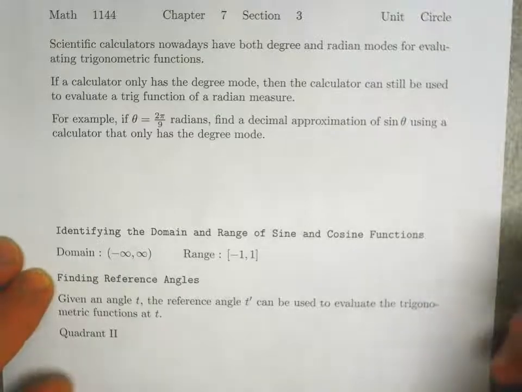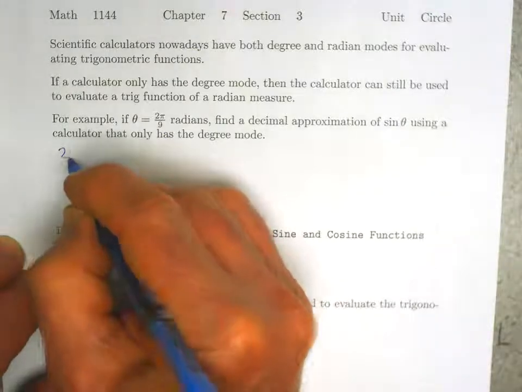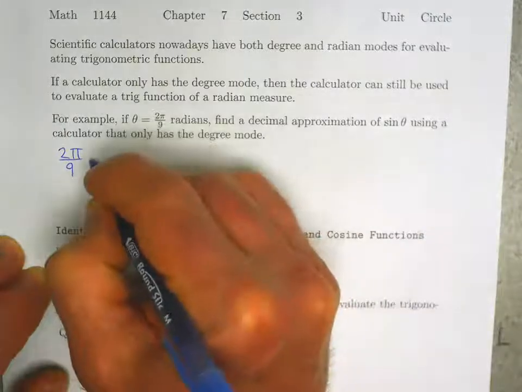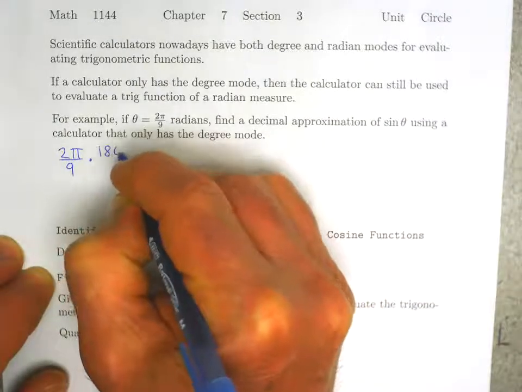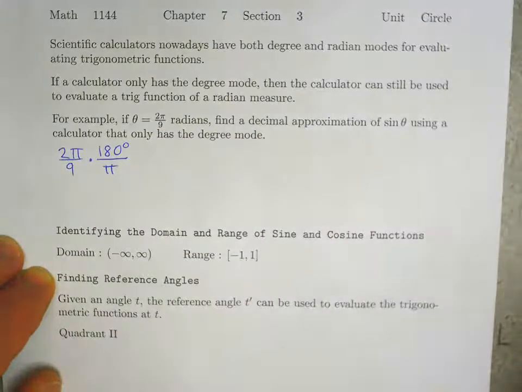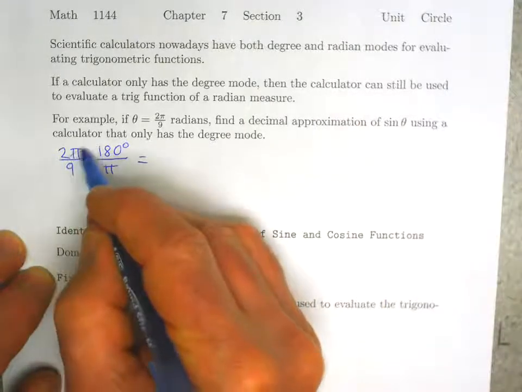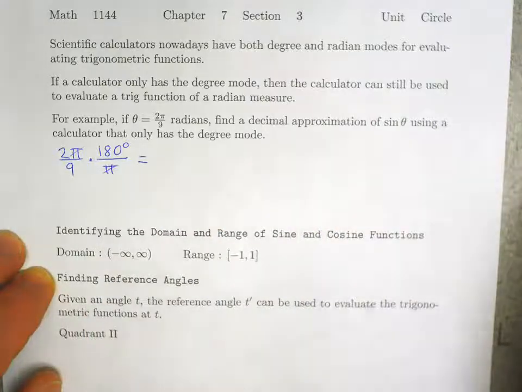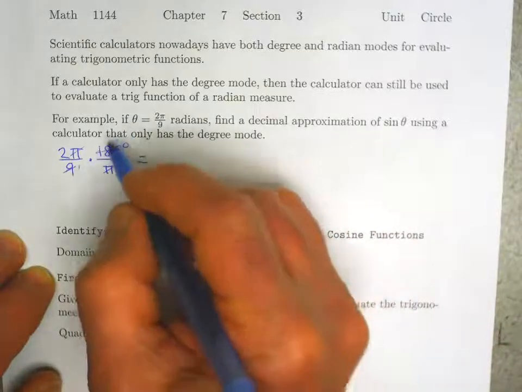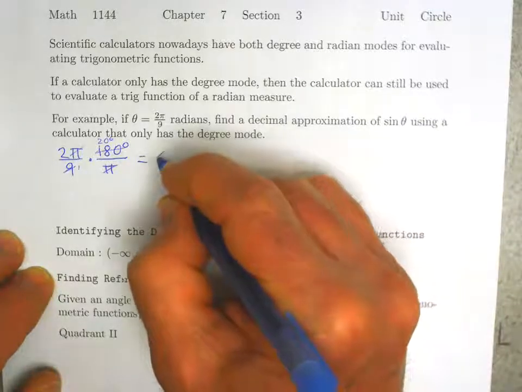So we talked about this a little bit yesterday. We convert 2 pi over 9 radians to degrees if we multiply by 180 degrees over pi radians, and then simplify. So the pi divided by pi equals 1. 9 goes into 9 once and into 180, 20 degrees, and then 2 times 20 degrees is 40 degrees.